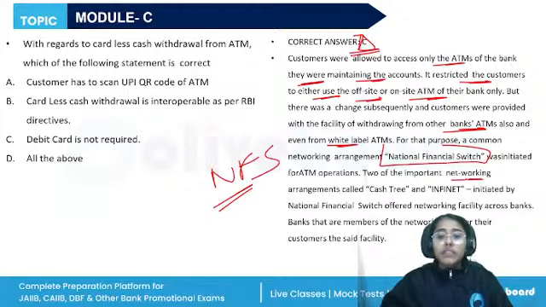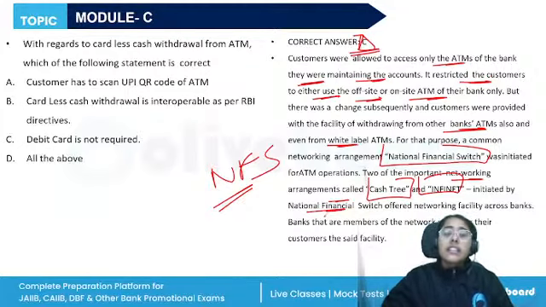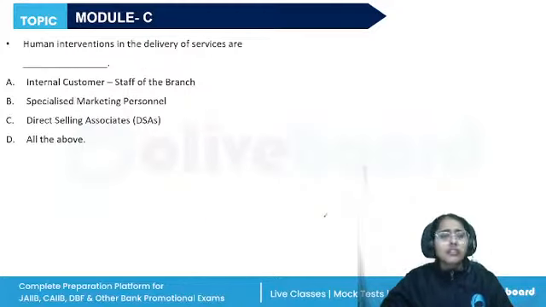There are two important networking arrangements called the Cash Tree and the Infinet, which have been initiated by the NFS. We have studied about the NFS and the Infinet: the charges, the one-time subscription fee that has to be paid, how many ATMs have been already installed by the NFS, white label, brown label, and so on.